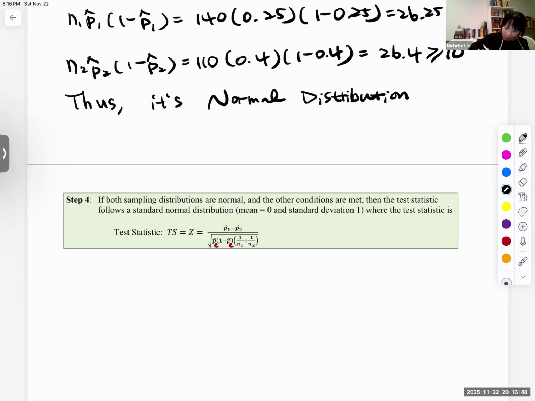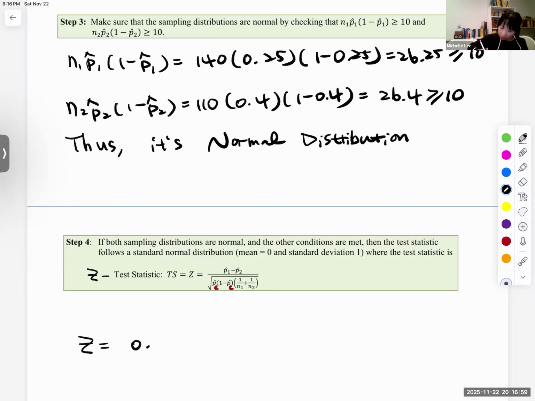Z-test statistic. So p hat sub 1, I am using 0.25 there, and p hat sub 2, 0.4, up there, over, inside the square root, the pooled combined. What's combined?